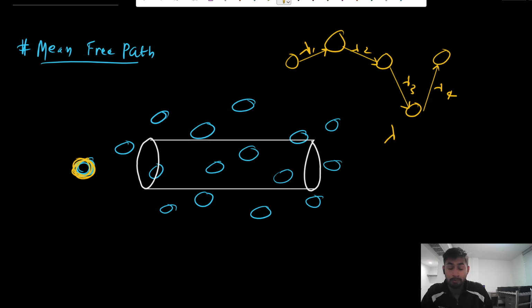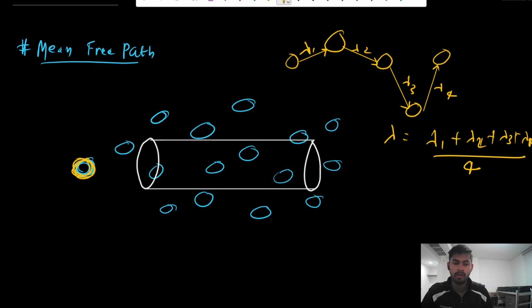The mean free path by definition would be the mean, equal to lambda 1 plus lambda 2 plus lambda 3 plus lambda 4, divided by 4. If we just define the mean free path in itself, it is the distance that it takes for our one molecule to collide with another molecule before it collides with something else.